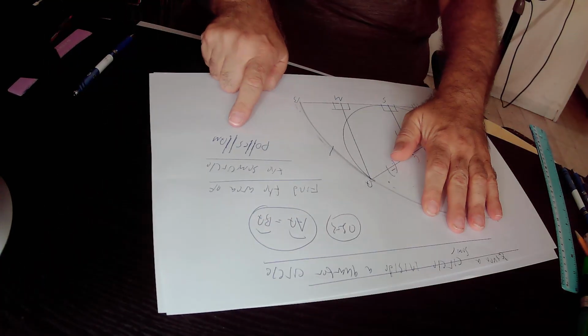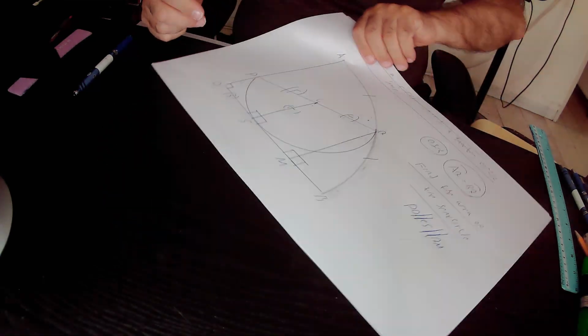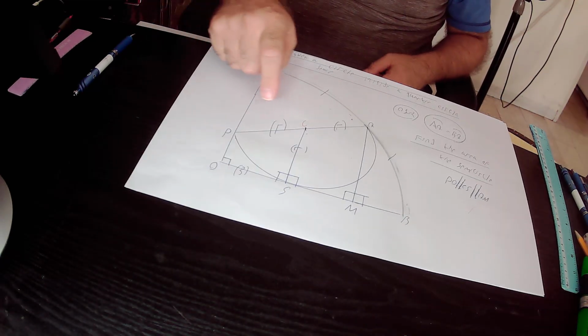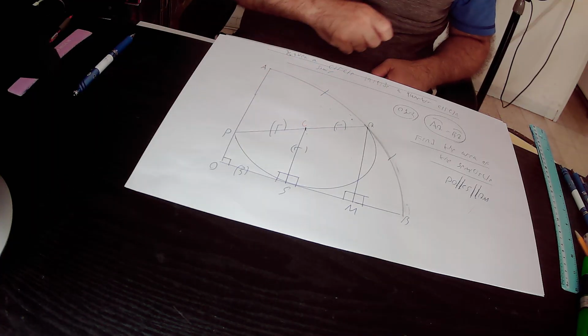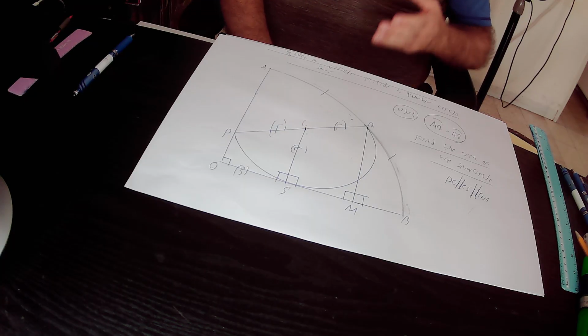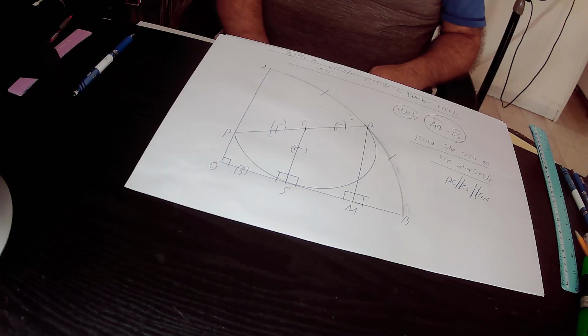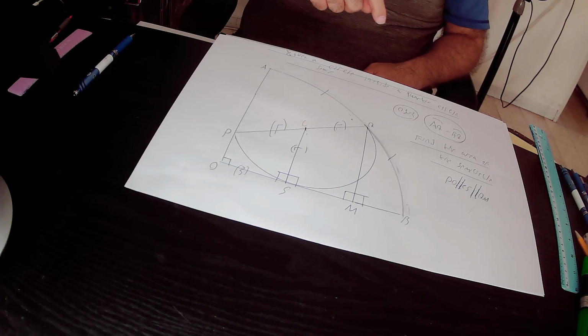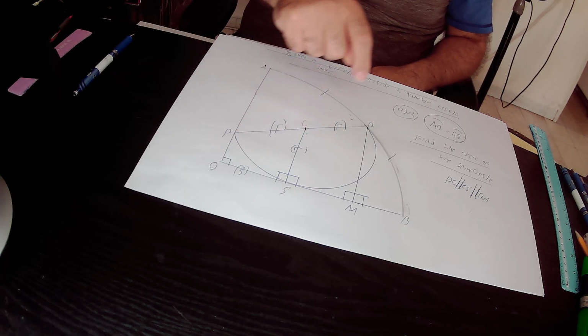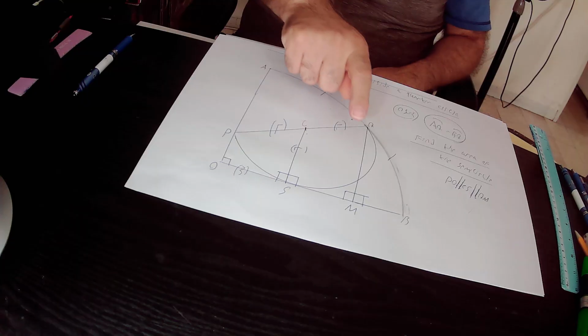Here, PO is parallel to QM, so those three lines PO, CS, and QM are parallel to each other. Each line is parallel to the other line. Those three parallel lines are connected by line segment OP and also line segment MO.